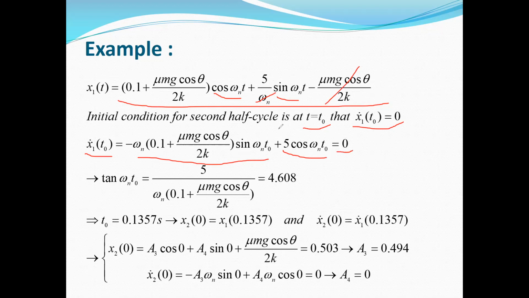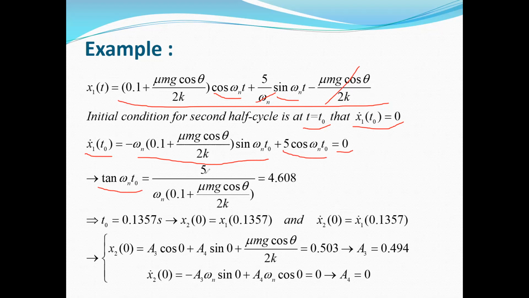From this equation, you can solve and obtain the tangent of omega n t naught, which is equal to this term. And then you can substitute into this equation the numerical values of m, theta, k, and also mu.